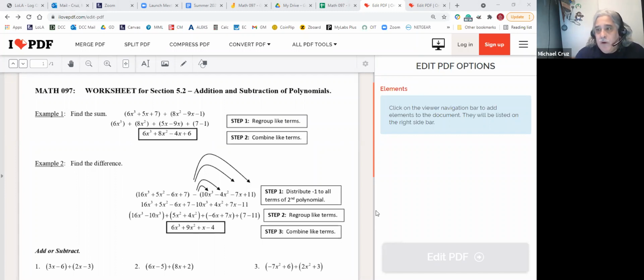So 5.2 is called addition and subtraction of polynomials. That means what we're going to do is add and subtract, pretty much just like we have been, with things that are alike. You just have to realize that some things are alike and some things are not. We already covered that in chapter 2.